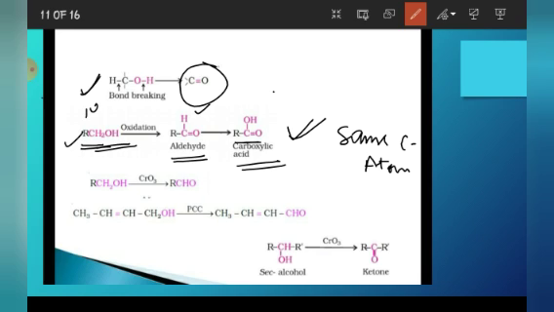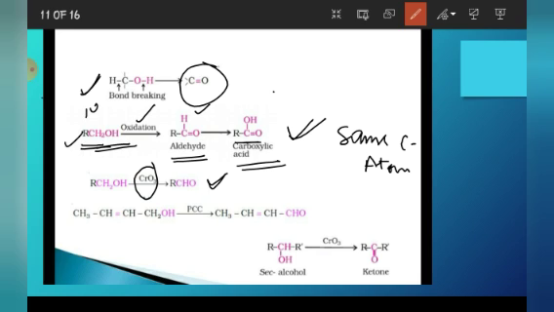Now see, here the reagent is changing. This CrO3 is known as chromic anhydride. If we use this reagent, then we can stop the oxidation at the aldehydic part.